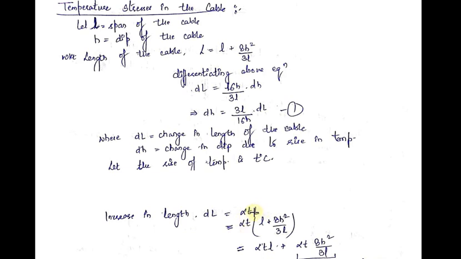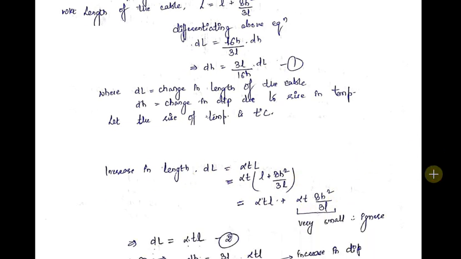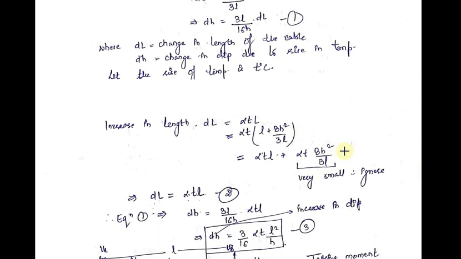After putting the value of capital L and opening the bracket, I will get the increase in length as alpha T l plus alpha T 8h square by 3l. We can ignore the second term because it is very small, and therefore dL is approximately equal to alpha T l. Let's take this as equation number 2.